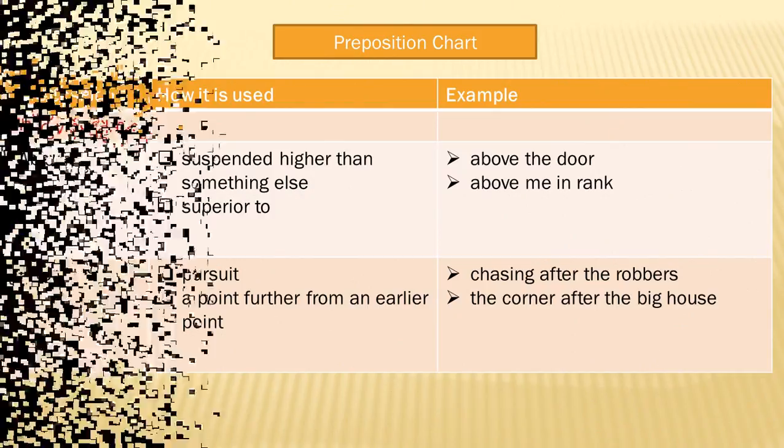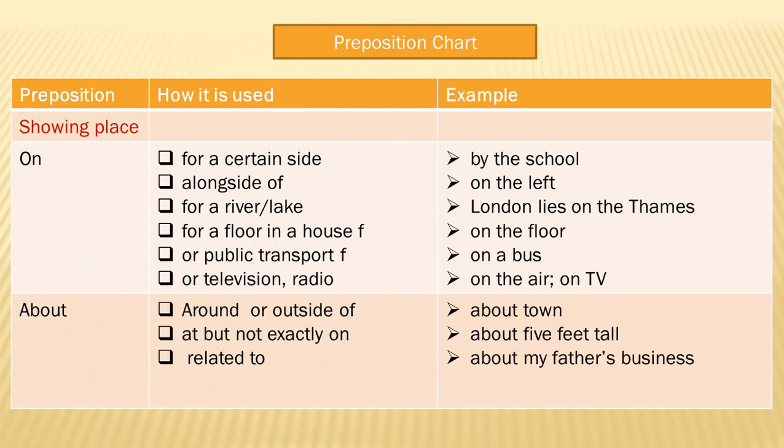Sorry, I am going back. About is used for around or outside of, at but not exactly on, related to. We use about for these three regions.